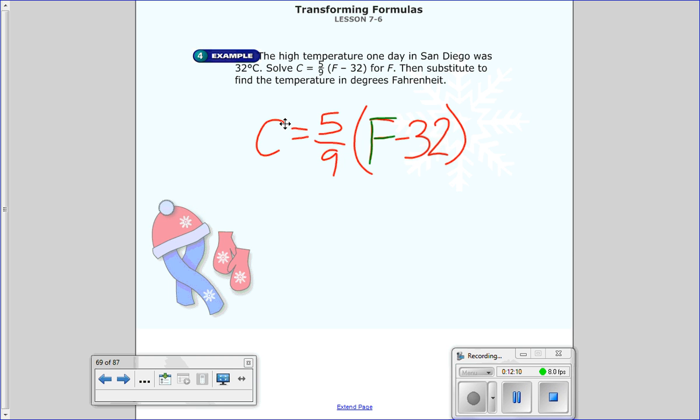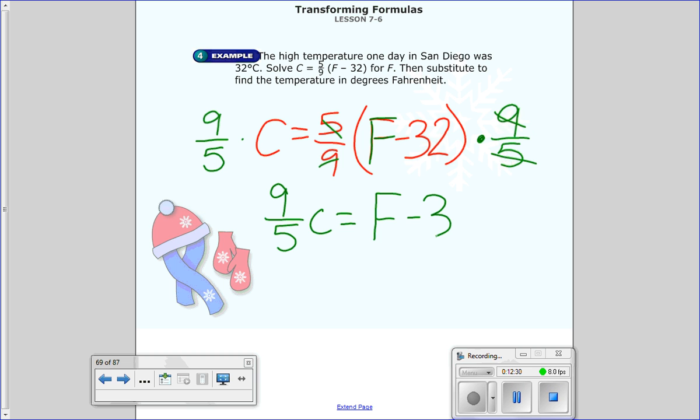Usually instead of dividing by fractions, we multiply by the reciprocal. So here, my first step would actually be multiply by 9/5. Because again, those end up crossing out and you're left with 1. And I do it to both sides. So now I have 9/5 C is the same as F minus 32.